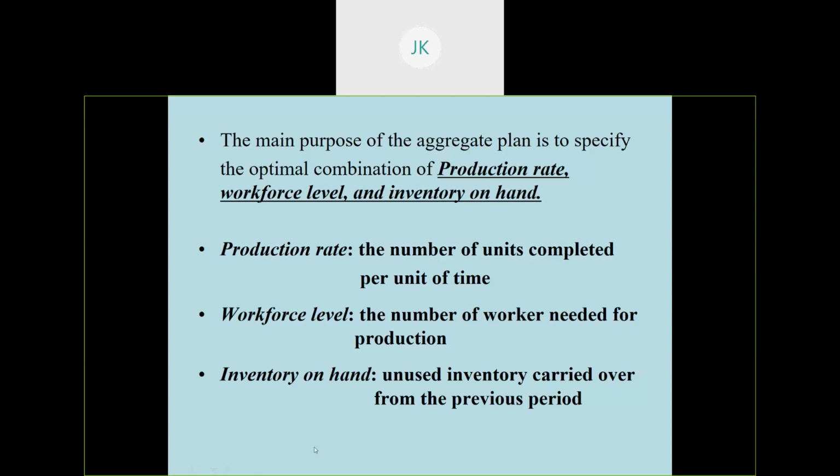And then inventory on hand: if they need 1000 and the inventory level is 100, then they only need to plan 900, 1000 minus 100. So this aggregate plan tries to find an optimal combination of these three.